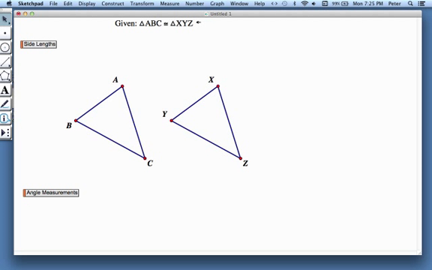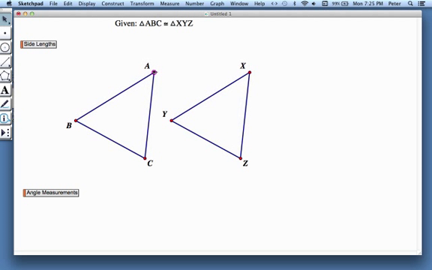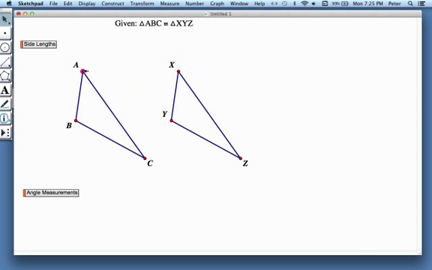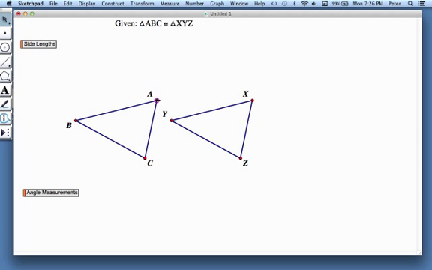If I tell you, or you're given, that triangle ABC is congruent to triangle XYZ, what does that mean? Well, it means that no matter how you change one, the other figure will remain congruent to it.